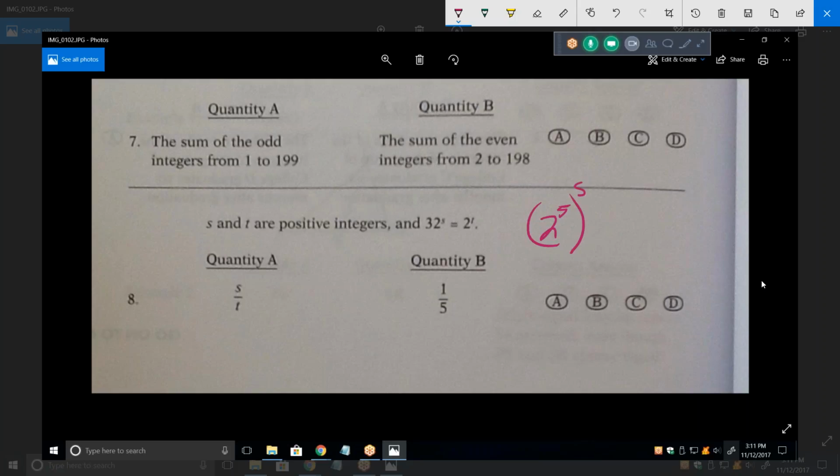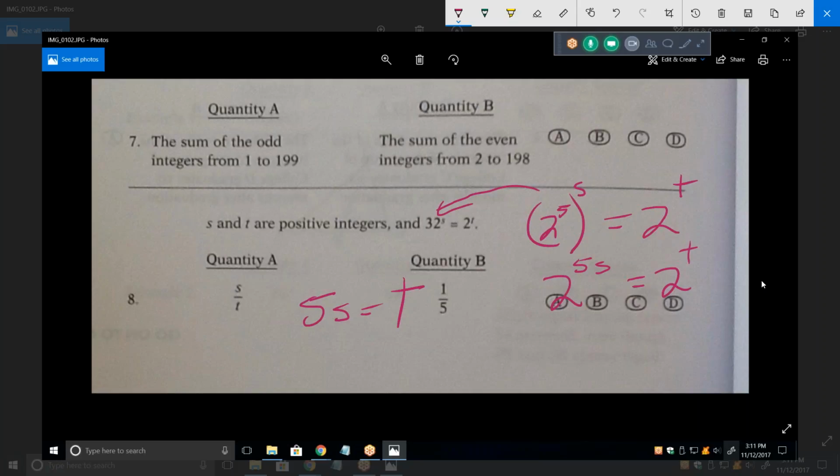And if that's equal to 2 to the t, now by applying the rules of exponents, the left side is 2 to the 5s. And if that's equal to 2 to the t, then we know 5s equals t.